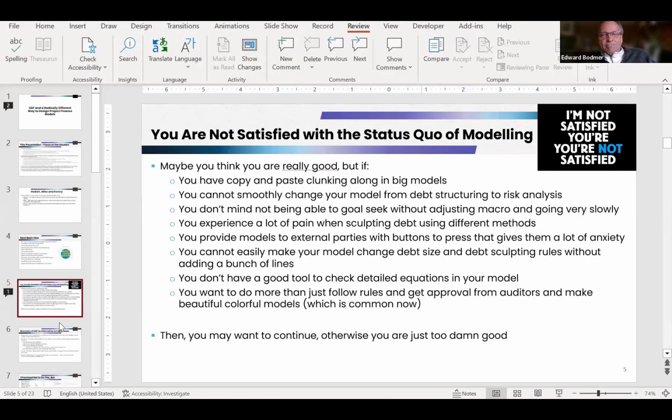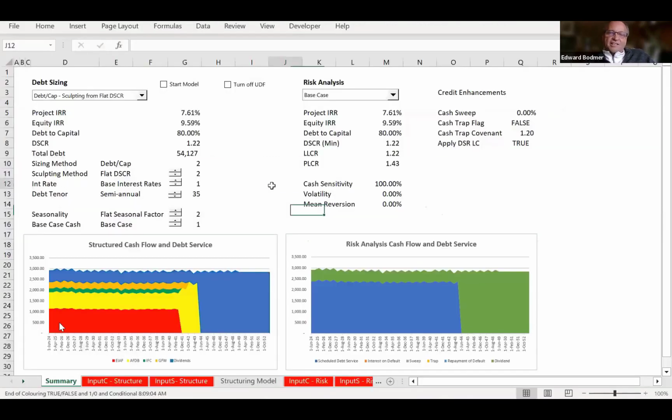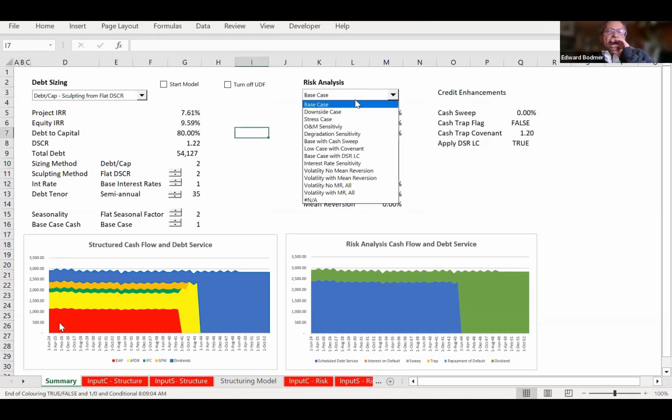In preparation for this session, while I was working with some banks, the first thing the bankers asked was, make a model so I can do a debt sizing, and we'll talk about what this debt sizing is, and at the same time put in something like a downside case.